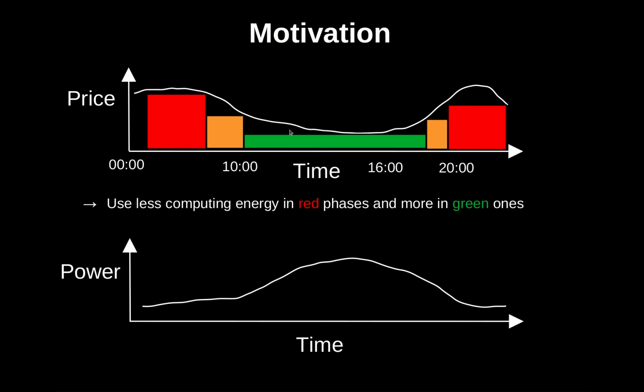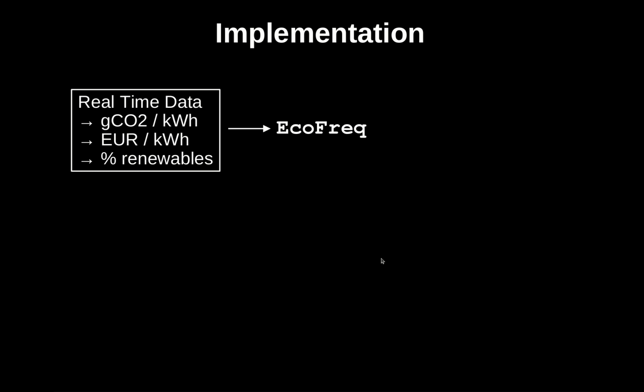So essentially what the tool does is that it uses real-time information about the CO2 intensity or the price of energy, which are tightly correlated, and scales the computing power inversely to the energy prices and inversely to the CO2 intensity of our energy. So the way it works is as follows.